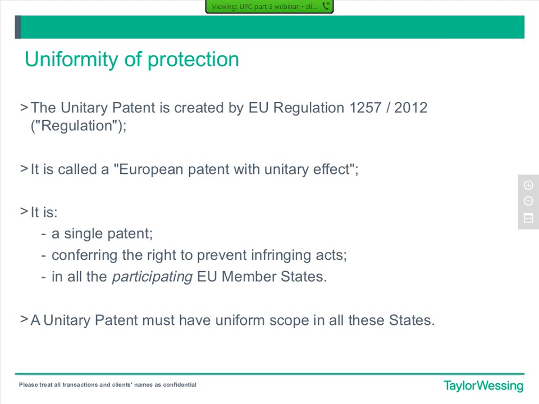Only classical European patents granted for all the participating member states and with all the same sets of claims can benefit from unitary status. This, as the Unitary Patent Regulation Recital states, ensures the fundamental purpose of the unitary patent as a patent of uniform scope of protection across Europe. This requirement does, however, raise questions about what happens about member states who have still not ratified the new system when it starts. Catherine will deal with this issue shortly.